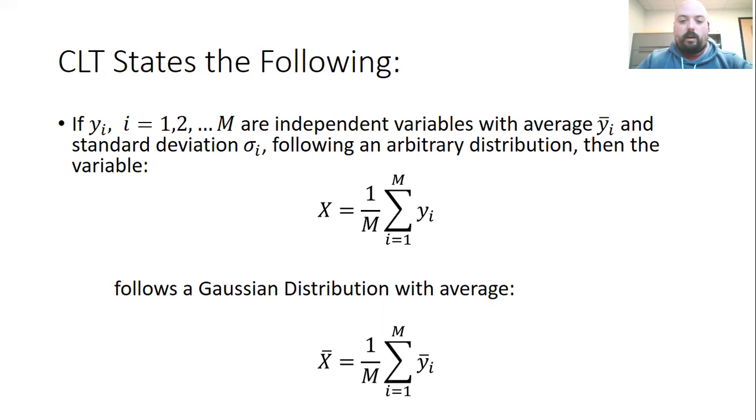Following an arbitrary distribution, the variable capital X will look like this, where it's basically just taking the average of the averages themselves. This should follow a Gaussian distribution with an average overall, as stated here as capital X bar, taking the average of Y bar.